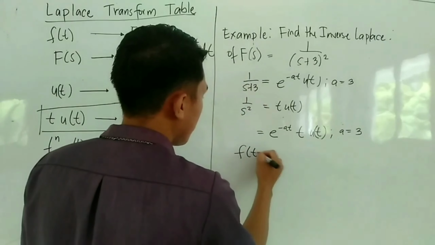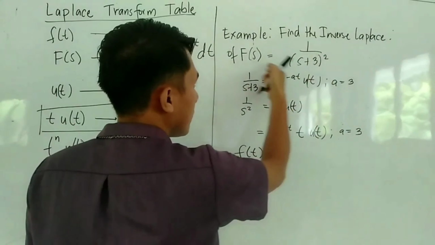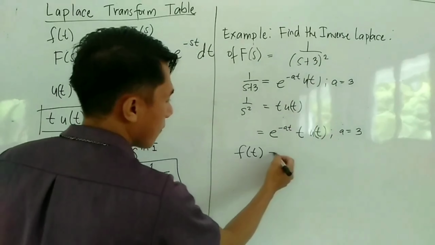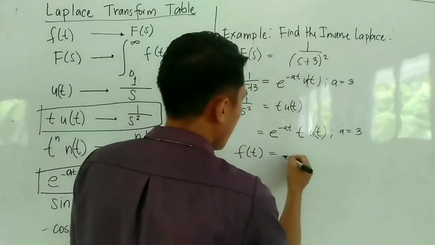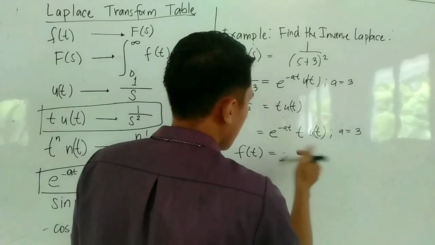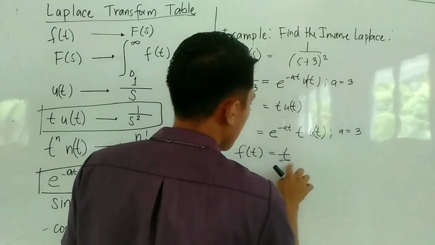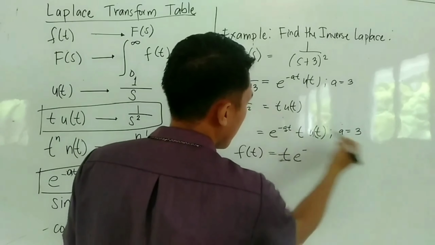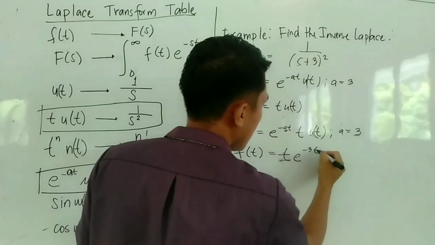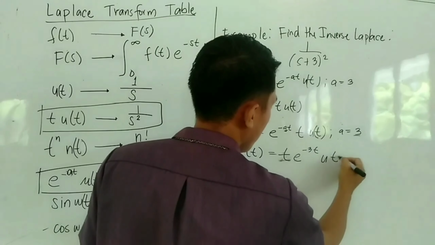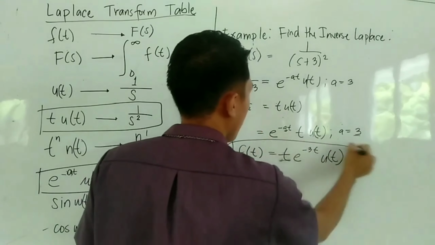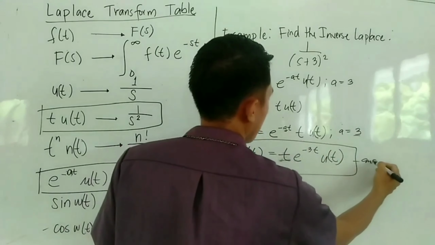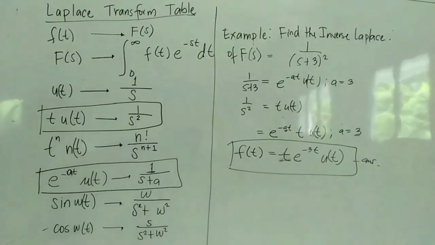So the inverse Laplace for this given equation, f of t, is equal to e to the negative 3t, for the value of a equal to 3, times t u of t. Okay, this is our final answer.